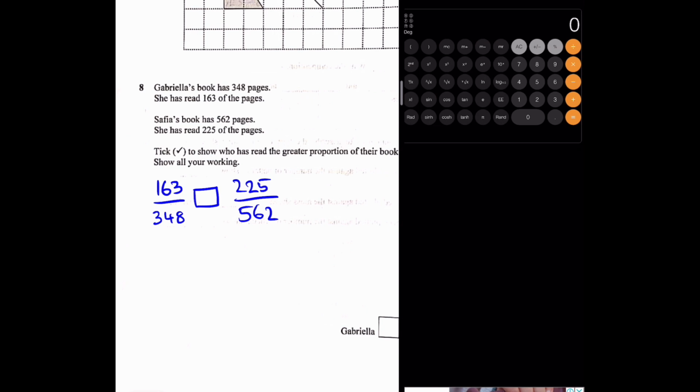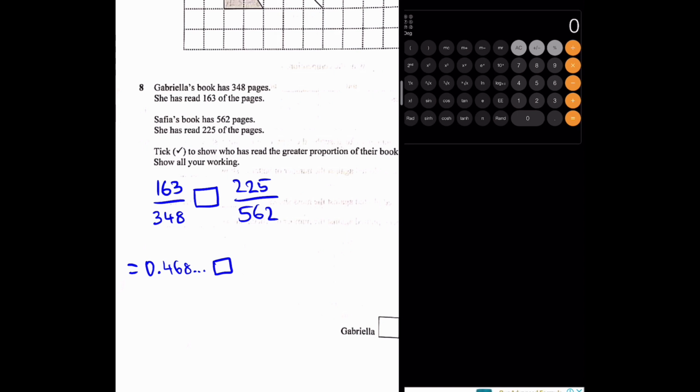So 163 divided by 348 is equal to 0.468... and then whichever symbol.